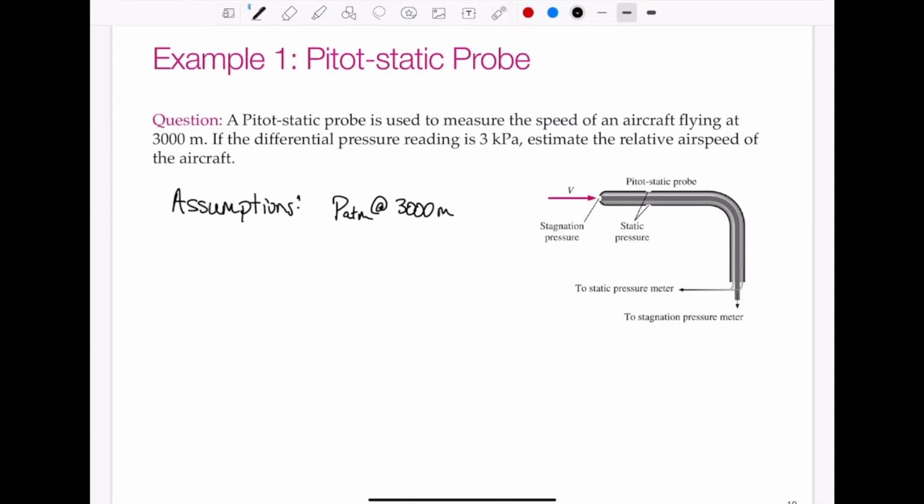So we can write: assume the airflow over the aircraft is incompressible.